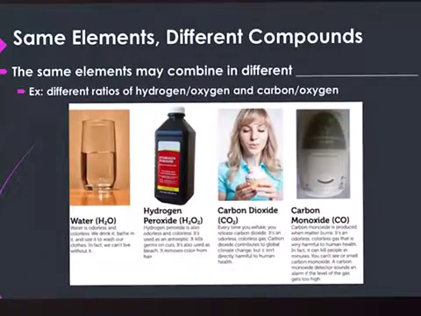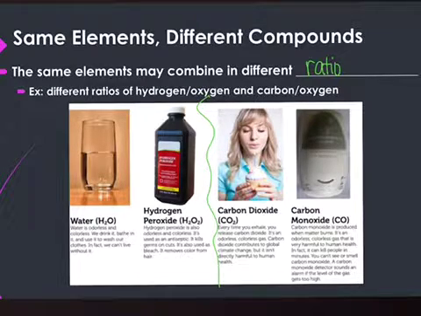So a lot of times what we'll come across is that many different compounds involve the same elements. What makes them different is that the ratio of their atoms is different. So if we look at the 2 examples here, we have water as H2O, so it has hydrogen and oxygen, which makes it water. But if we add a second oxygen atom, we now get hydrogen peroxide.